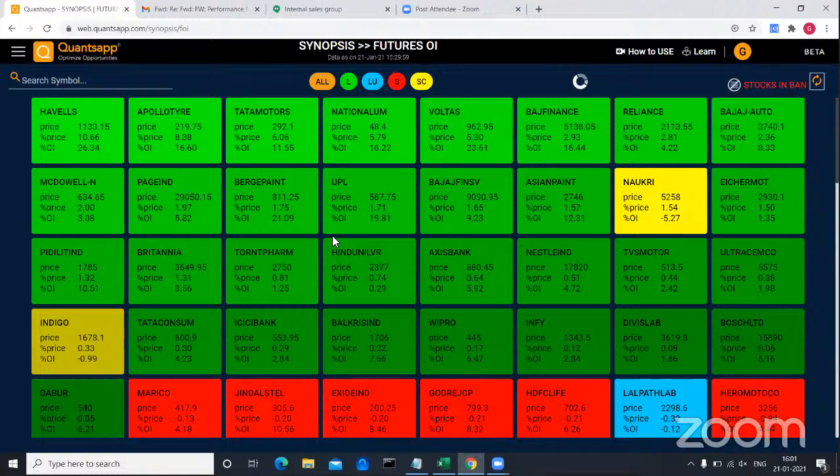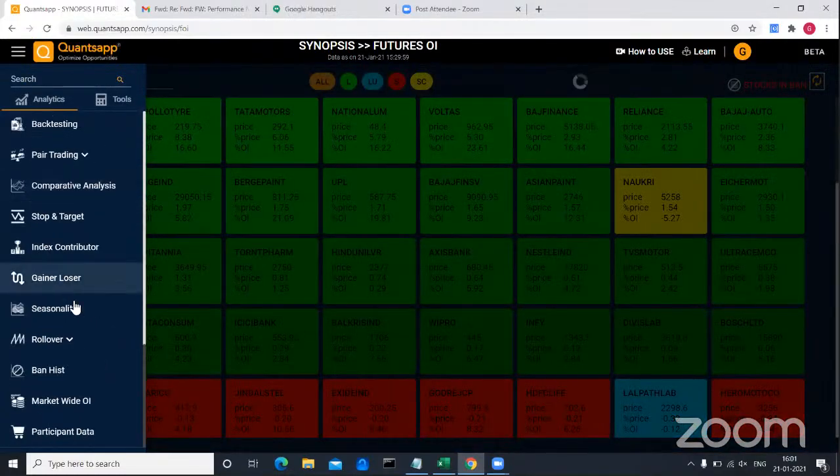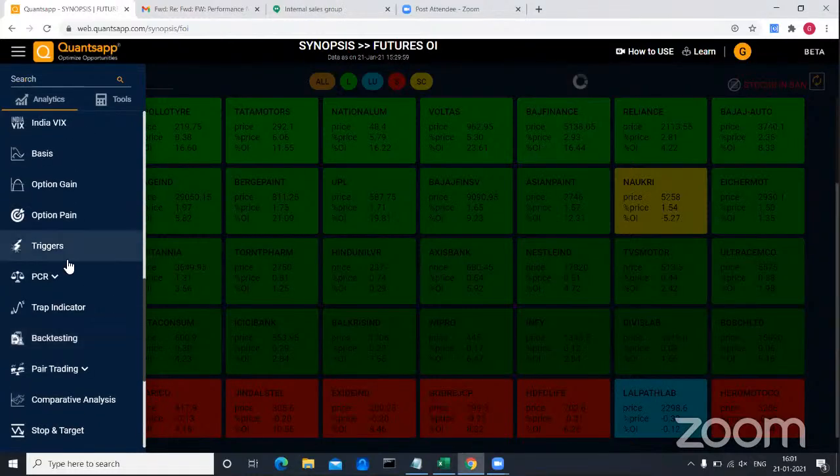So it will be a mixture of these three, and apart from that, we will also look into the triggers. The result calendar is not a tool precisely, but something additional we can look into.